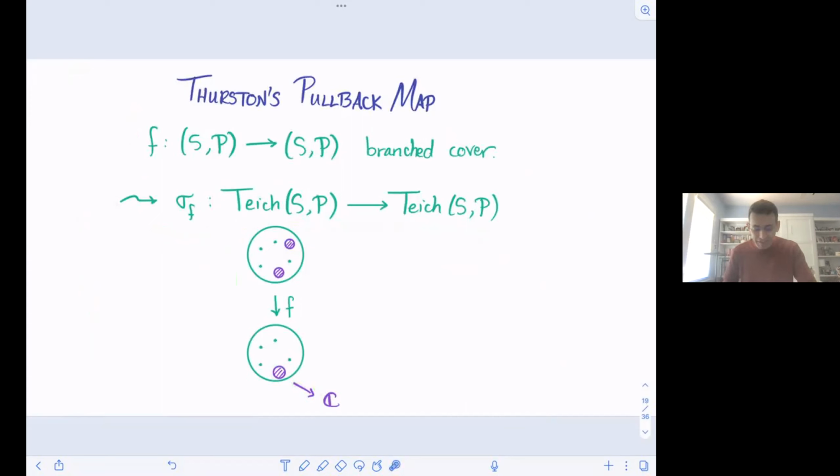If you have a branched cover, then you just compose and you get maps from upstairs to the complex plane, and that's the complex structure upstairs. So that's a map from Teichmüller space here to Teichmüller space here, but the top and bottom are the same, both S_P, and so it's a map from Teichmüller space to Teichmüller space. So this works whether the degree is 1 or bigger than 1. Okay. So any questions on the pullback map? That's going to be a star in the rest of the talk.